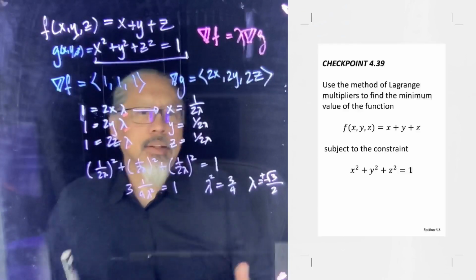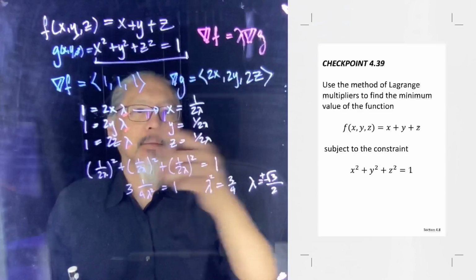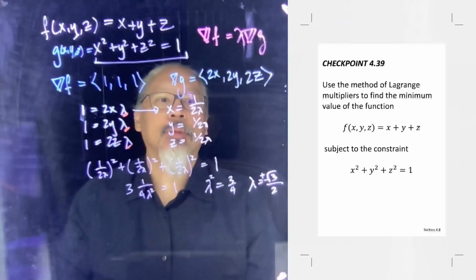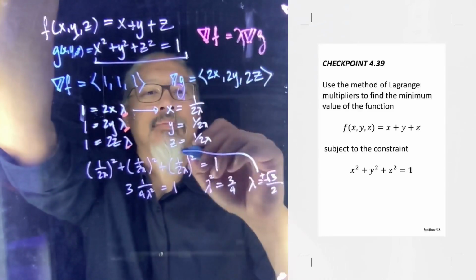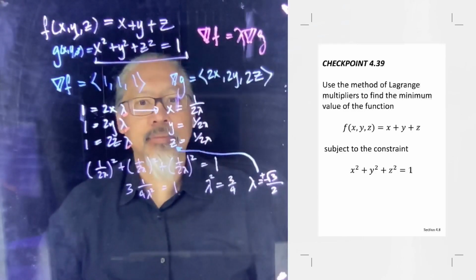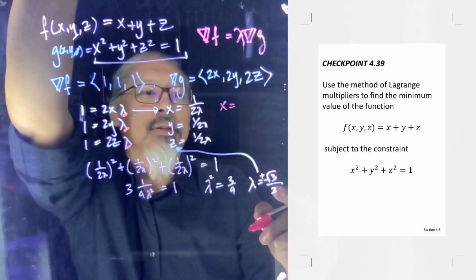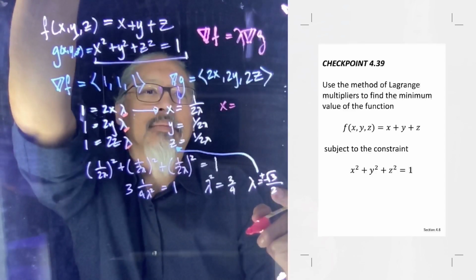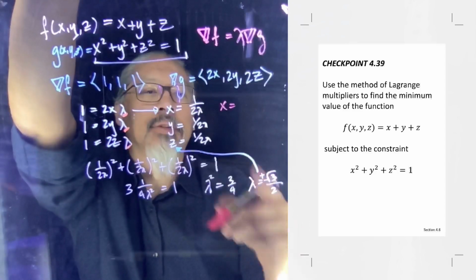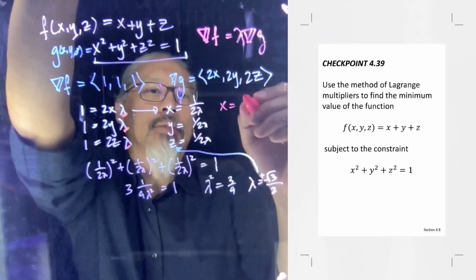Now, there are a lot of combinations of points there. When lambda is either positive or negative, we'll put that in here, and then x is equal to, if we put in a positive root 3 over 2, the 2's cancel, and that's just 1 over root 3.